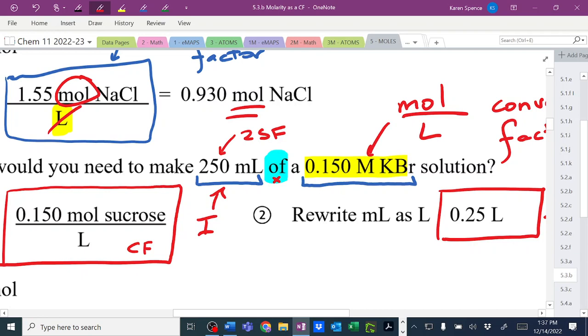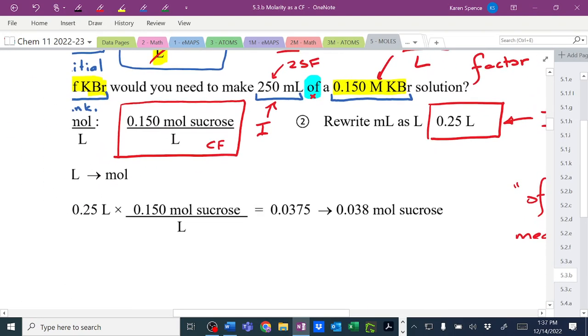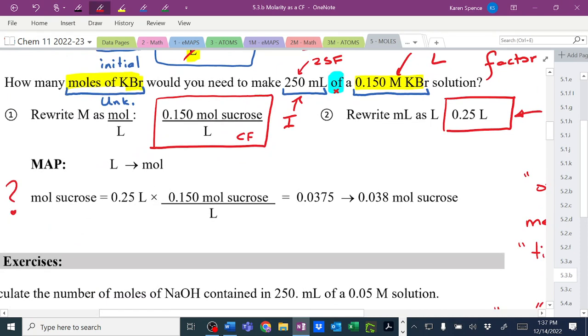The only thing I need to do is make sure my milliliters have changed into liters, and then if I make of times, it works. And if you look, did it work? Well, yes, my units cancel, the liters cancel out, and I am left with moles. So my mathematical translation of to times works very nicely for questions like that.